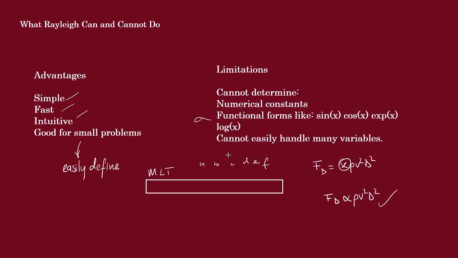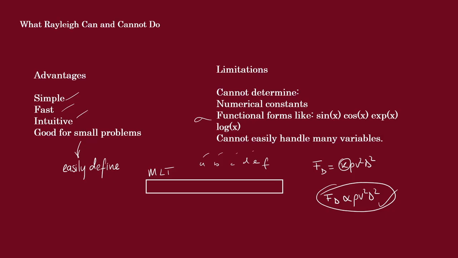You end up having more variables you have to solve for than you have equations to solve those variables. So it's not well poised for questions with really large numbers of variables. But nonetheless, Rayleigh's method is still very useful for determining proportionality relationships between problems when dealing with fluid mechanics.